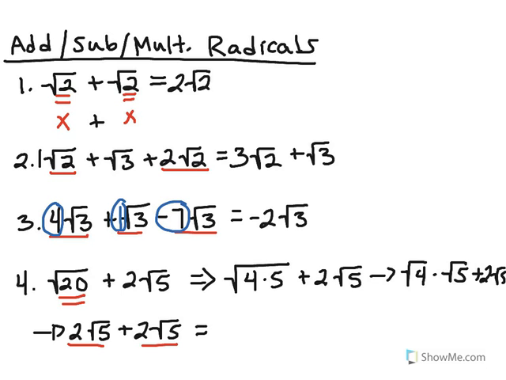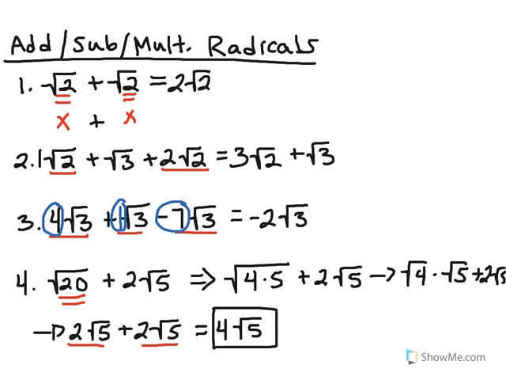So 2 square roots of 5 plus 2 square roots of 5 is 4 square roots of 5. And that's my final answer. So be a little bit intuitive, and if you get something that doesn't look prime or a perfect square, try to simplify it and make a like radical. That's about as much as we need to know about adding and subtracting.